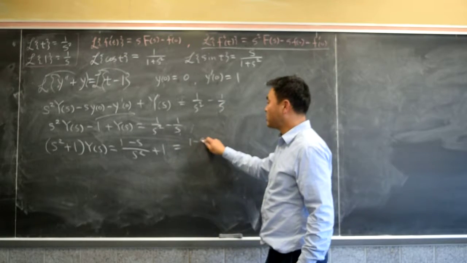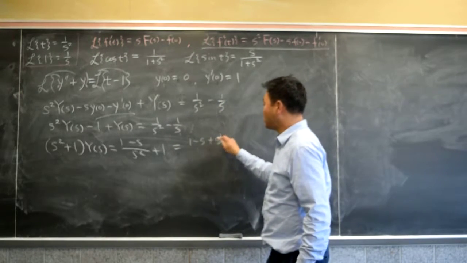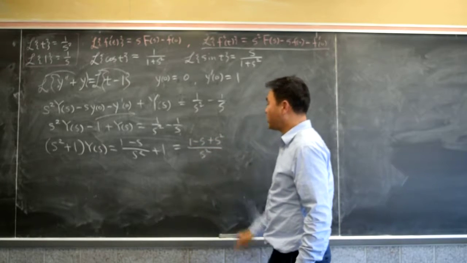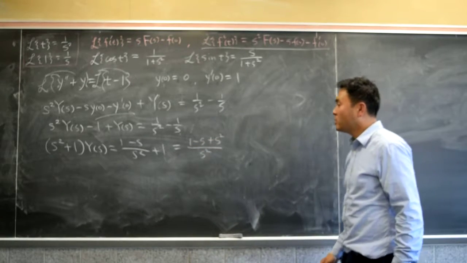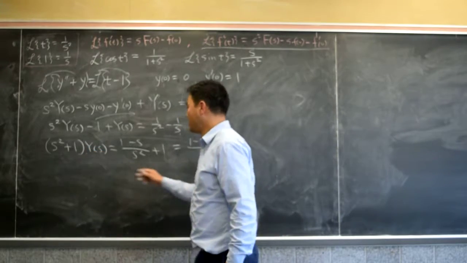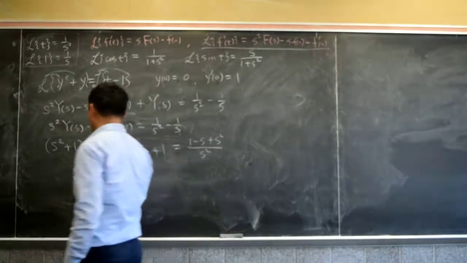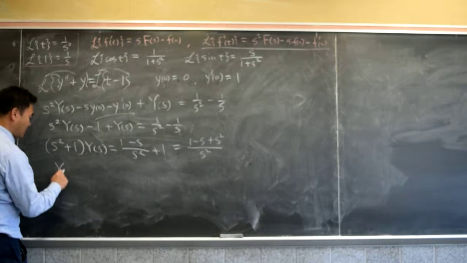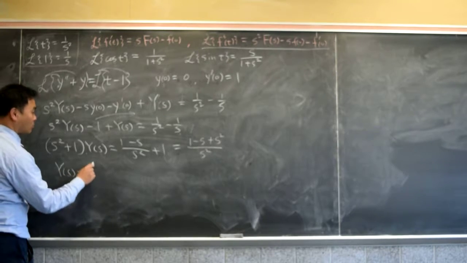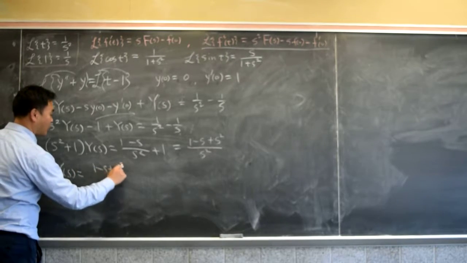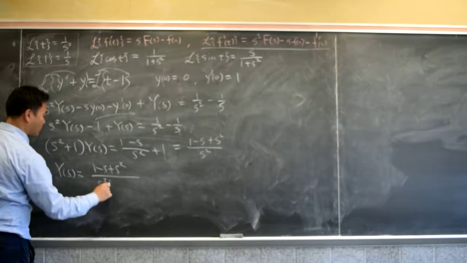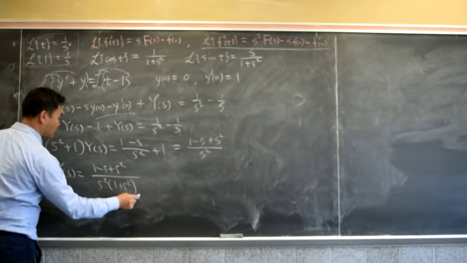So we get (1 minus s plus s squared) over s squared. Then finally, we can divide this out, and we get capital Y(s) equals (1 minus s plus s squared) over s squared times (1 plus s squared).